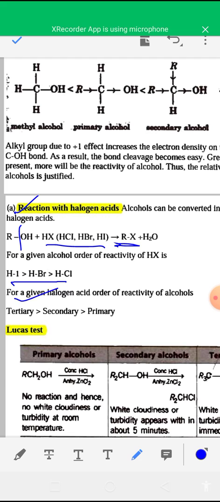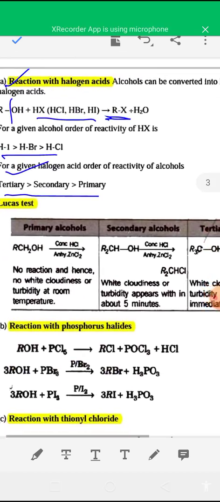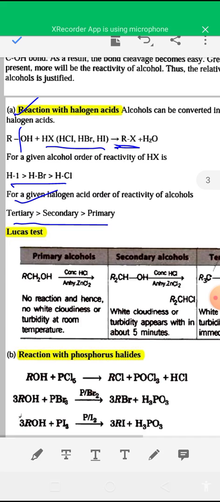For a given halogen acid, the reactivity of alcohols is: tertiary alcohol is more reactive than secondary alcohol, which is more reactive than primary alcohol. And you can differentiate different types of alcohol using the Lucas test.